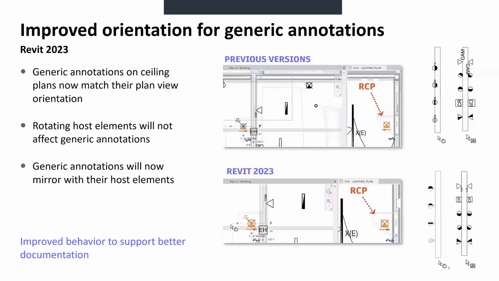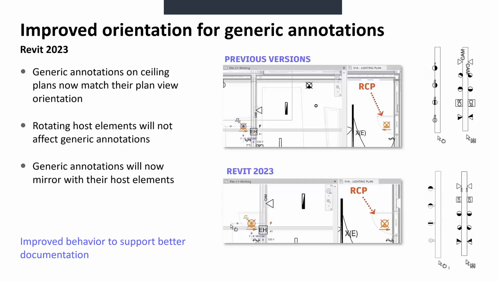Another big electrical one: electrical families are mostly symbolic based, right? If something was on a ceiling and you showed it on a floor plan, it looked different. The symbol was flipped or reversed, or text within the symbol looked funky when it was on a different orientation on the wall.